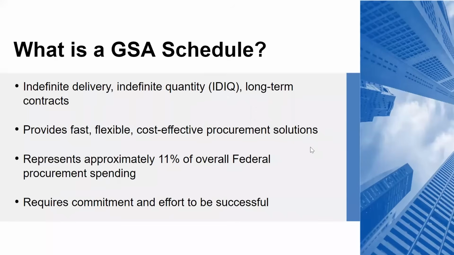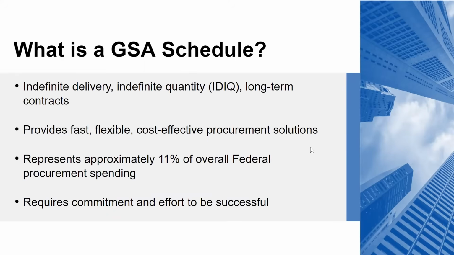Based on FAR 16.05, the Federal Acquisition Regulation, they are IDIQ contracts, and they provide for an undetermined quantity, within a stated limit, of supplies and services to be delivered during a fixed period of time. These contracts require that the government order at least a minimum amount of supplies or services as stated in the contract, but the orders may not exceed a maximum quantity of supplies and services.